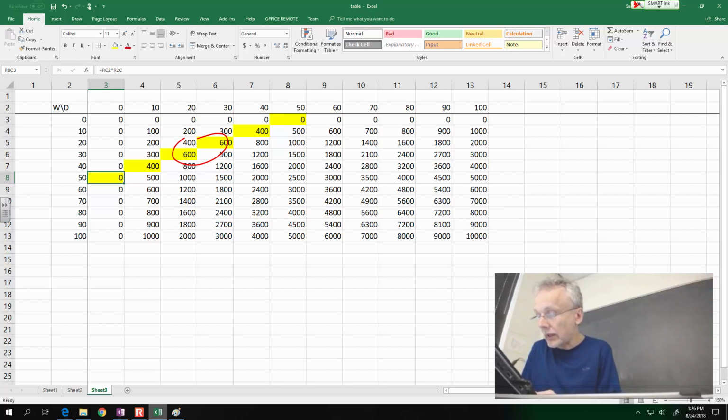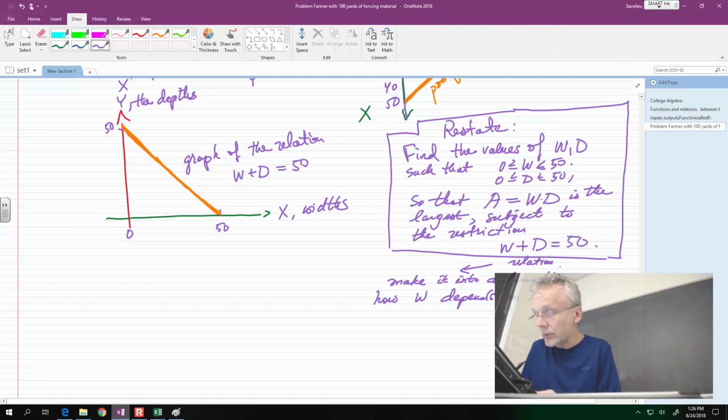But what we want to do here is make it algebraic. In other words, we can just express W in terms of D. So W is what?